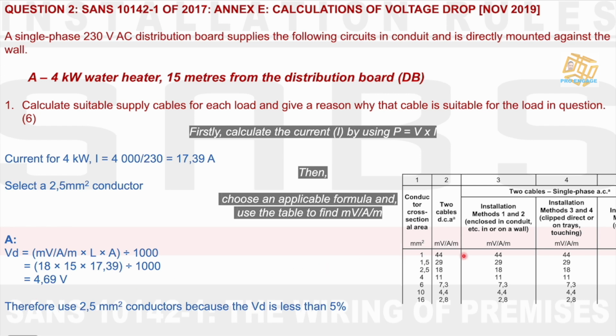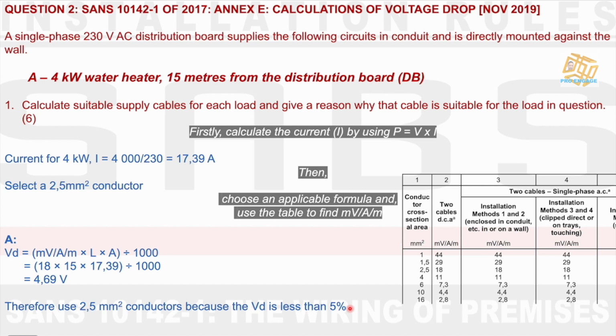I would go according to my table here, and I used 2.5, and I see here 2 cable single phase would be a value of 18, times my distance times my current that I've calculated divided by 1000 to convert the answer to volts. I find there 4.69. Therefore, use 2.5 millimeter squared conductors because the voltage drop is less than 5%, right? Less than 11.5. Right, next.